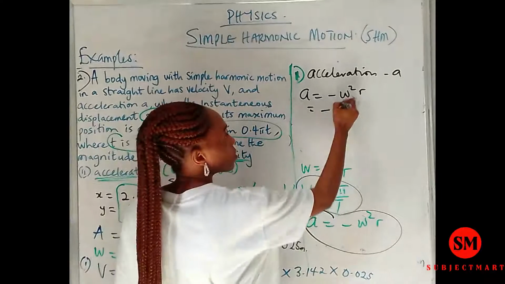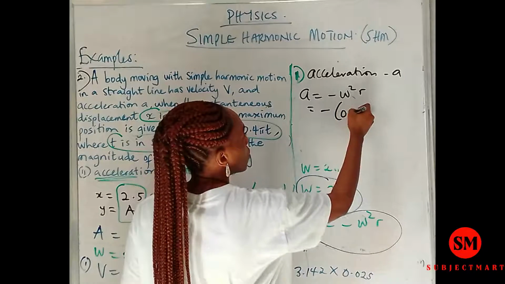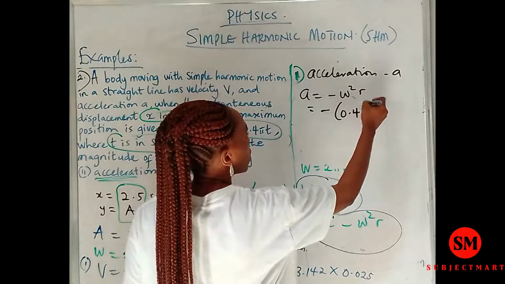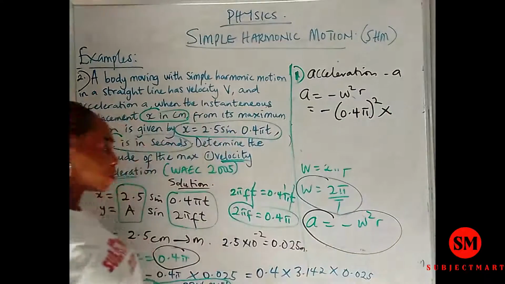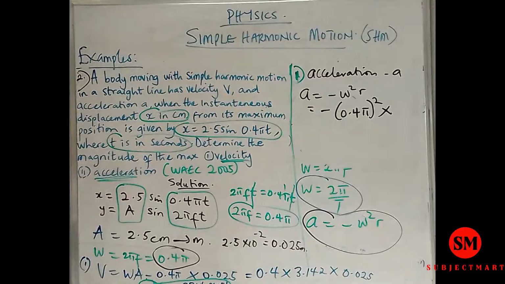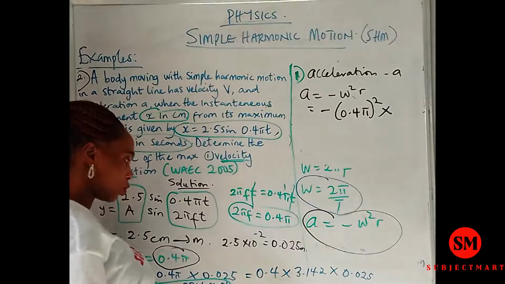So I'm going to write minus 0.4 pi squared times r. Minus w squared r, and then our r from here is 0.025.